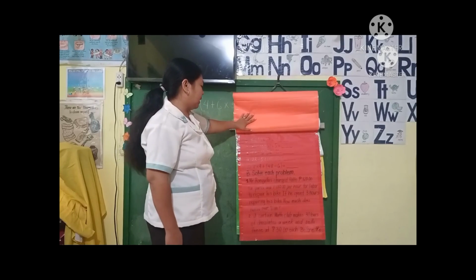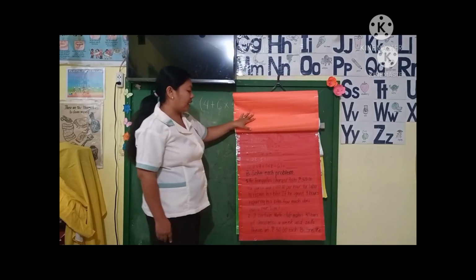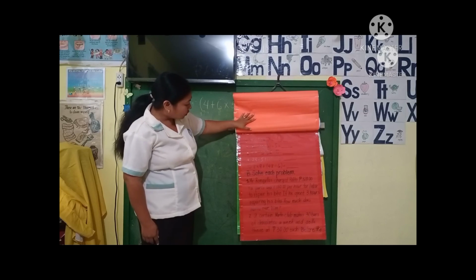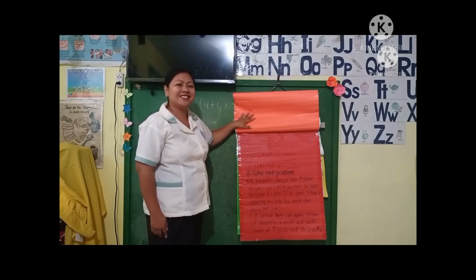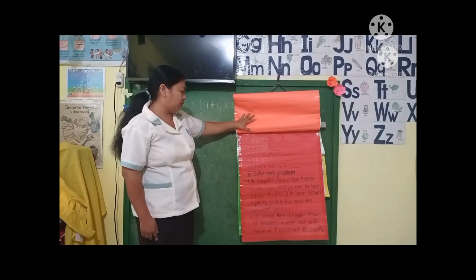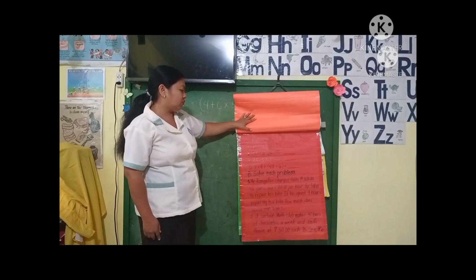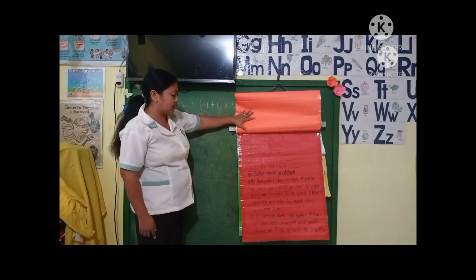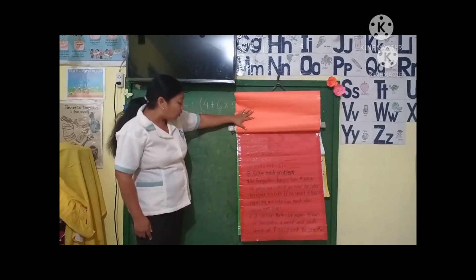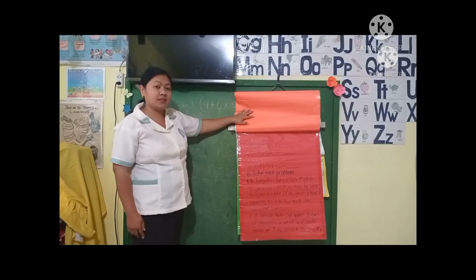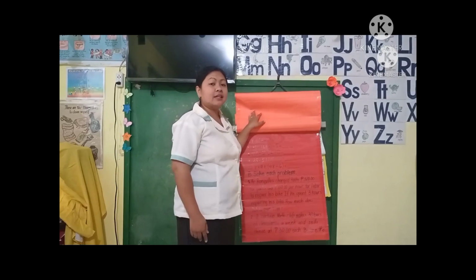Number 8, 45 divided by 5 minus 32 divided by 8 equals 15. Number 9 is 25 divided by 5 plus 14 minus 13 equals 6. Very good. And lastly is 8 times 9 plus 48 divided by 6 equals 80.